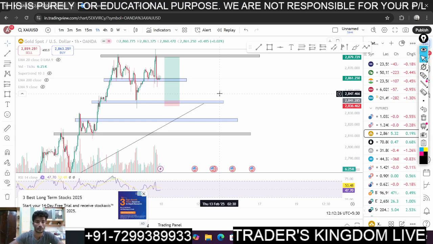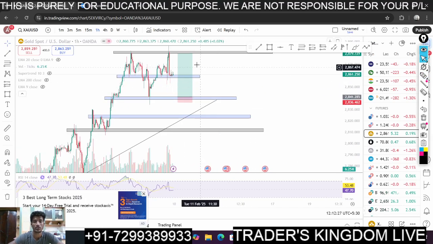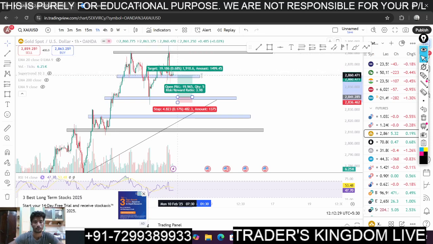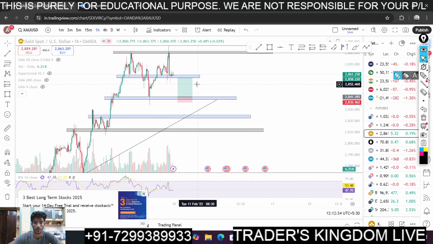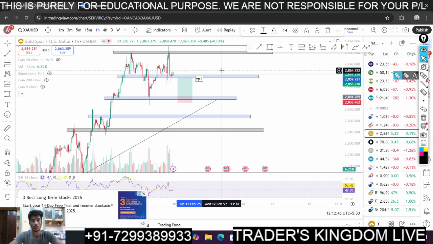Okay, let me move this Fibonacci. So this will be the first plan, the TP1. If I were to mark it, then this will be TP1.